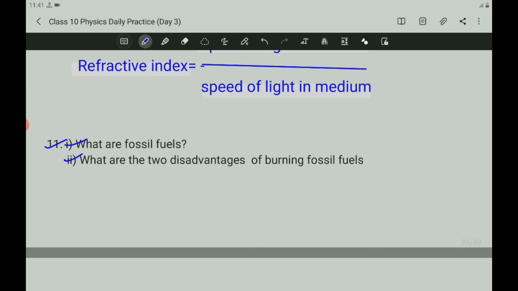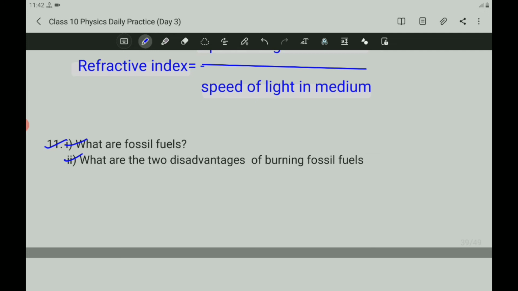What are they? They are the fuels found in nature due to the decomposition of animals and plants which have remained embedded inside the earth's crust due to geological changes over millions of years. They are obtained from the buried plants and animals under the earth over millions of years.